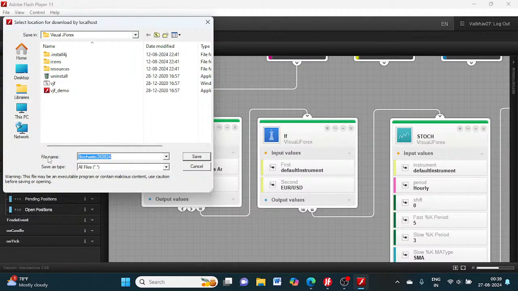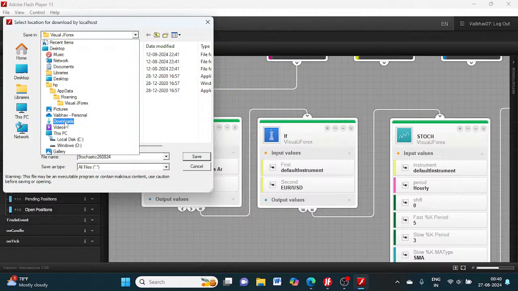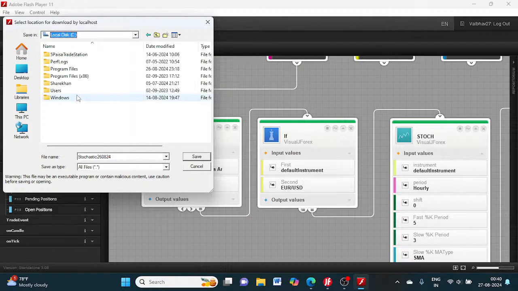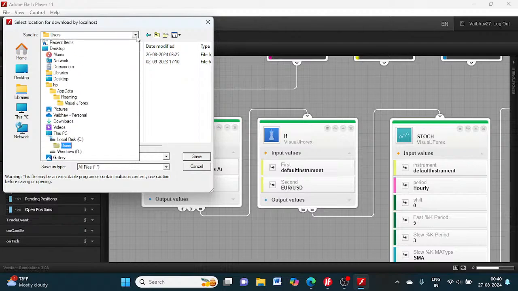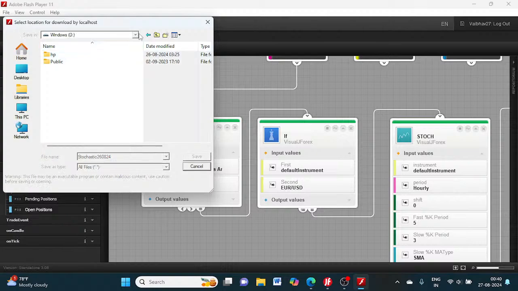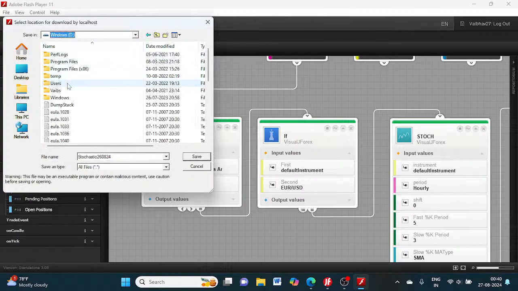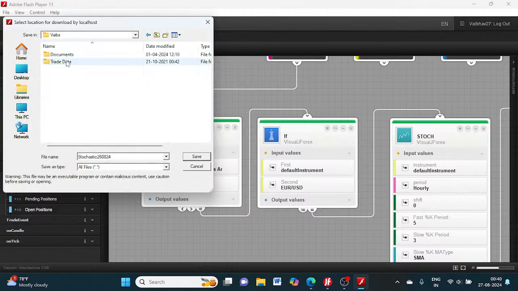Let me save it somewhere. Visual JForex, local disk C, users, not here, not here as well. Alright, here we have trade data, algorithms.